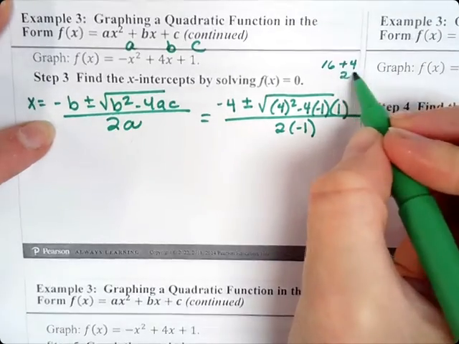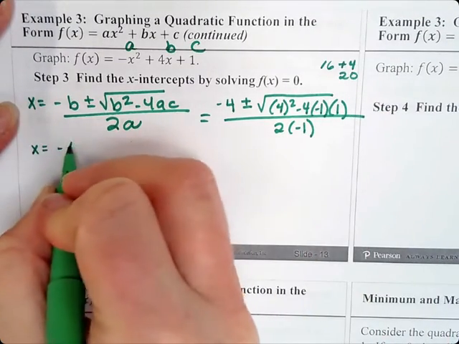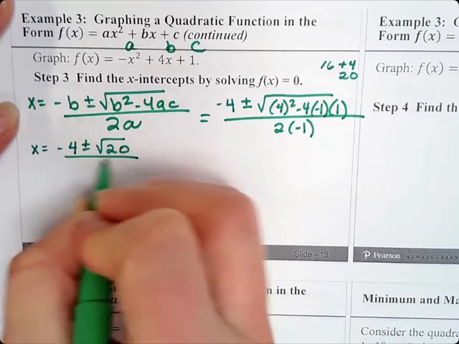That becomes 20 inside there. So x equals negative 4 plus or minus square root of 20 over negative 2.